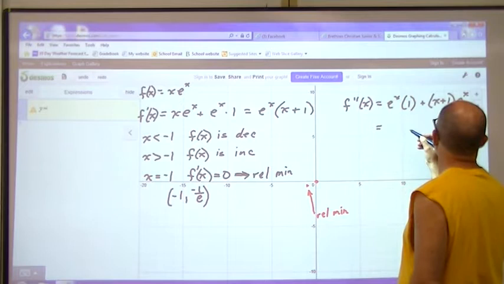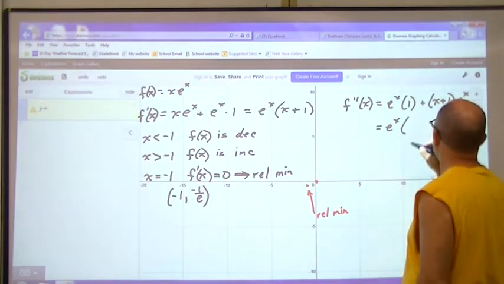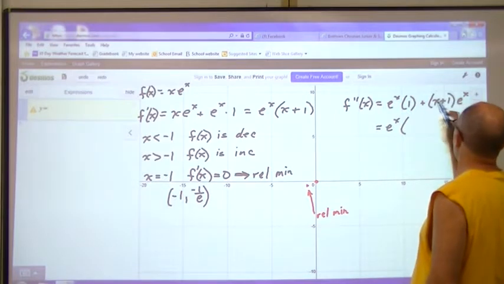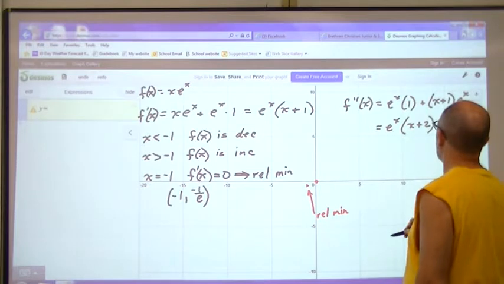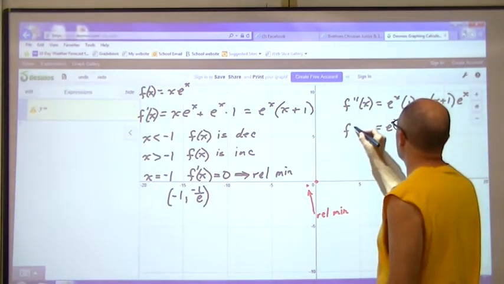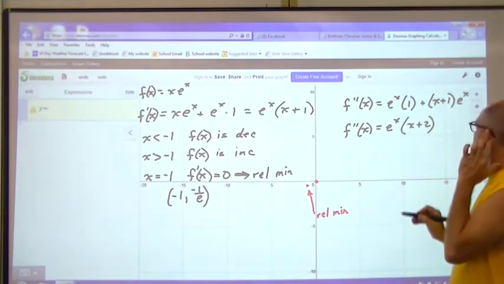So that equals e to the x times the quantity x plus 1, plus 1. So the second derivative is e to the x times x plus 2.